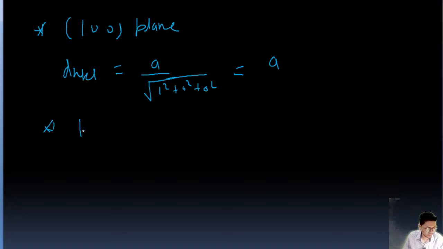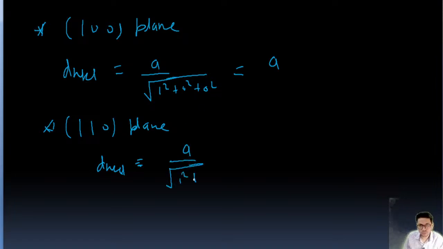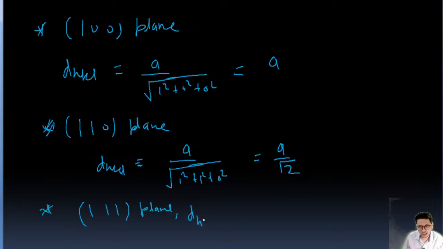For the 110 plane, d_hkl for SC I'm talking about, simple cubic, this is going to be a upon root 1 square plus 1 square plus 0 square. This is going to be a upon root 2. And similarly for the 111 plane, d_hkl is going to be a upon root 1 square plus 1 square plus 1 square.